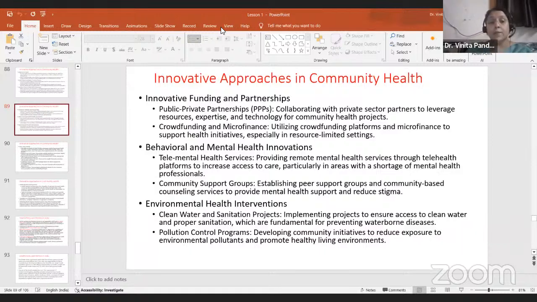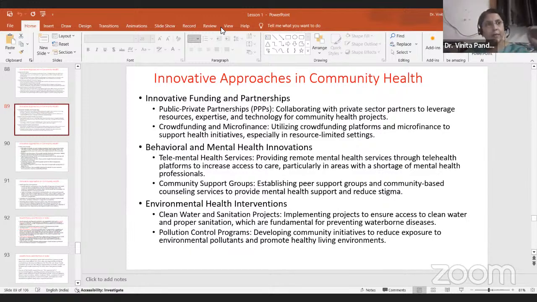Community support groups are also available, where we are talking about establishing peer support groups and community-based counseling services to provide mental health support and reduce the stigma. See, friends, especially in rural areas and tribal areas, with regard to mental health, a lot of stigma is attached.